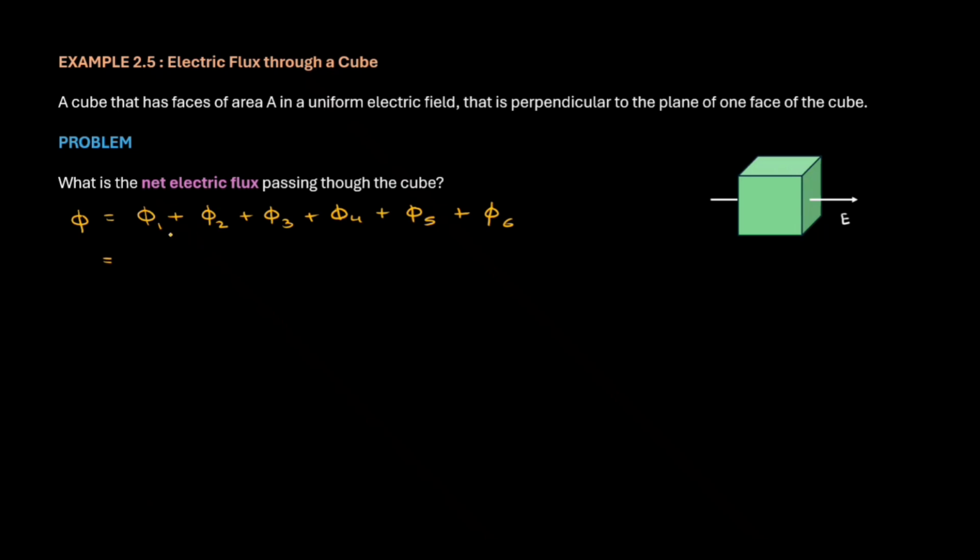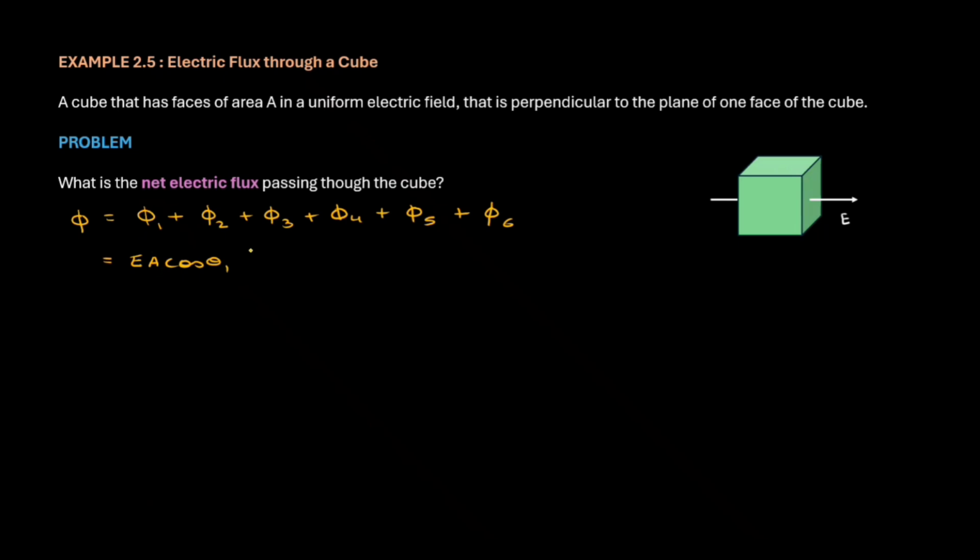We know from the definition of flux, phi is equal to EA cosine theta. So I will write them as E times A cosine theta 1, where E is the electric field, A is the surface area of the cube, which is the same for all the sides, and theta is the angle between electric field and the area vector.